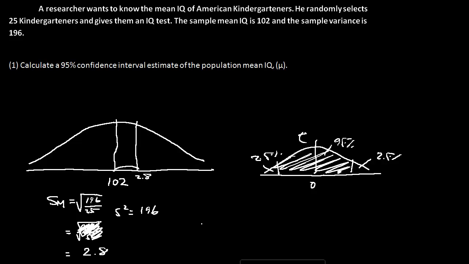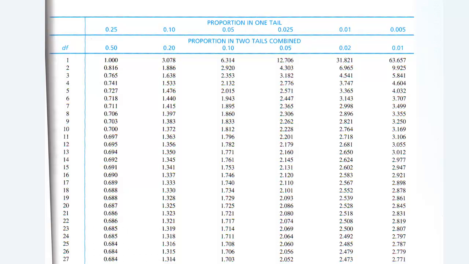It's two tails again, and degrees of freedom in this case is 24.